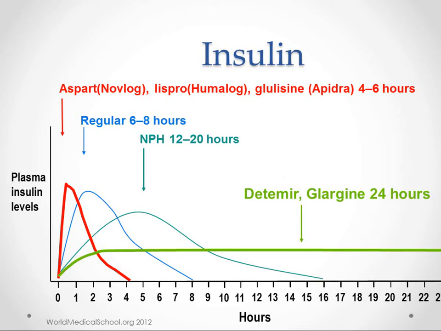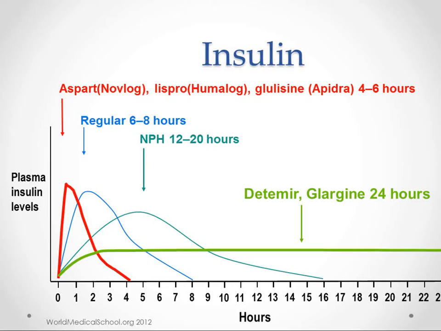So the regular insulin that we have has a peak onset within like half an hour. And this is the insulin that we make in our bodies. And we have some synthetic insulins that act a little bit faster than that that we use.